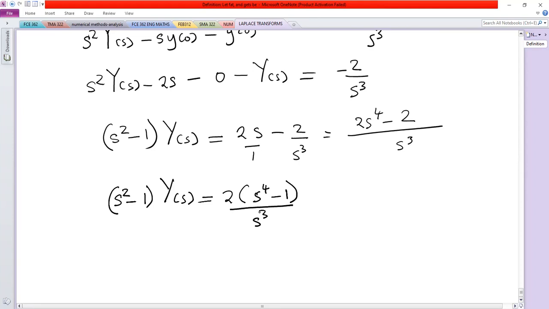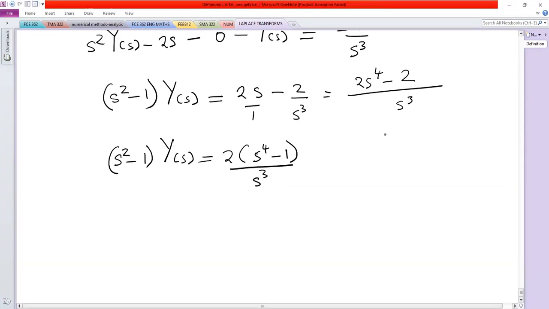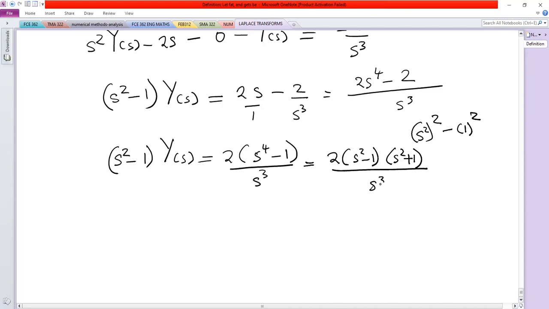Now remember, s power 4 can be written as s squared, squared, and we can write 1 as 1 squared. So we can write this as 2 into s squared minus 1 times s squared plus 1. This is a difference of two squares. You divide this by s power 3.